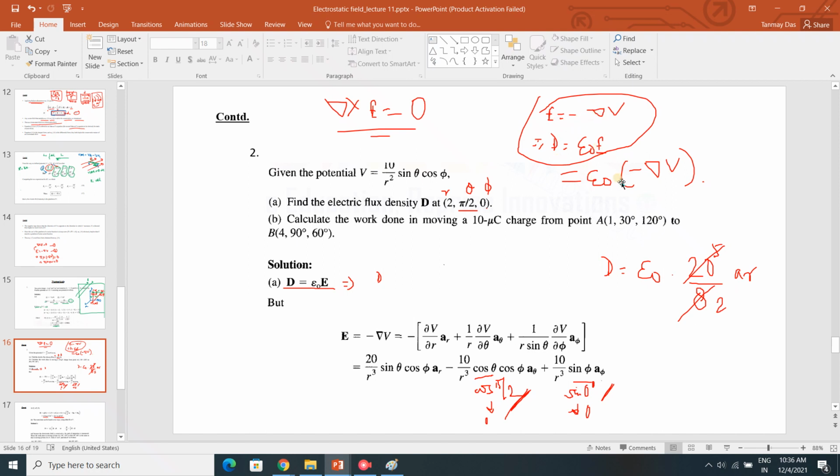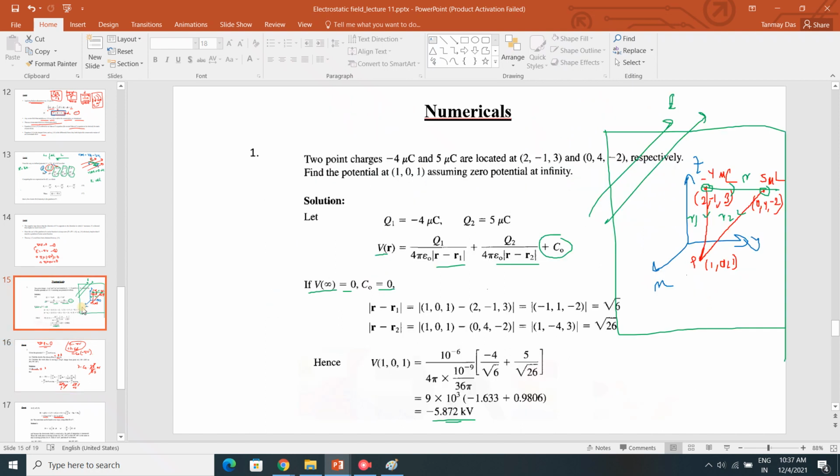Okay, have you understood this part, that if you know these two equations, then you can find out D? Yes, sir. Fine, then this is also quite easy. Because there are 2 points and you want to find the potential at a particular point, use this formula of superposition and determine.